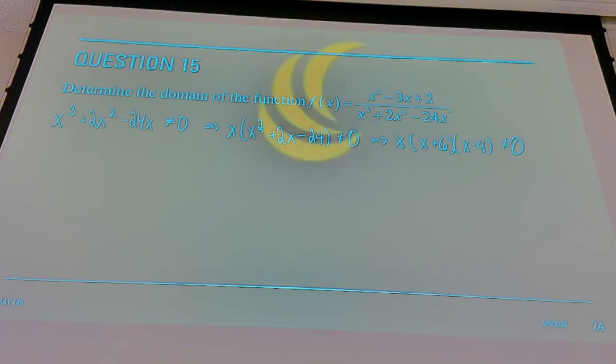So for this one, we're going to use the corollary to the 0 property. The 0 property states if you take the product of real numbers and get 0, then at least one of those numbers had to be 0. The corollary to that is if you take the product of real numbers and it's not 0, then none of the numbers can be 0. Right?